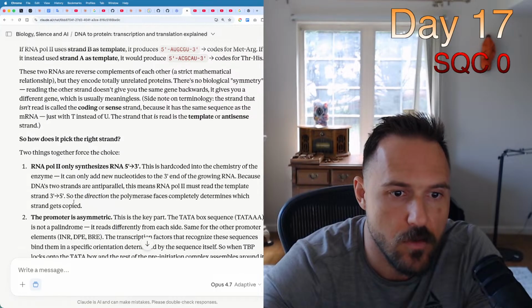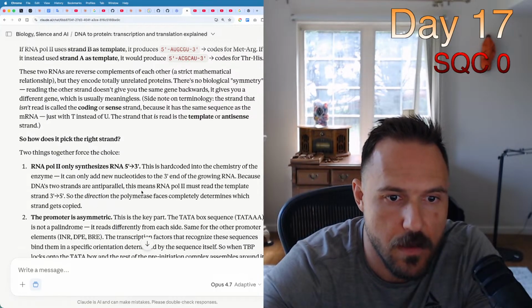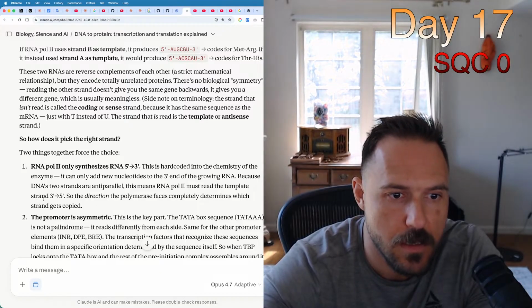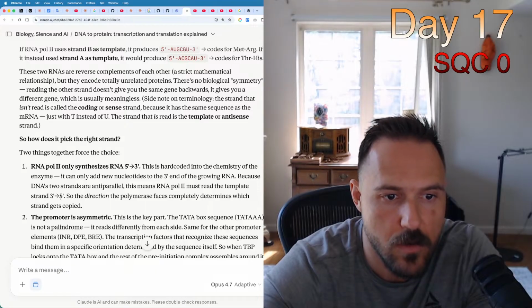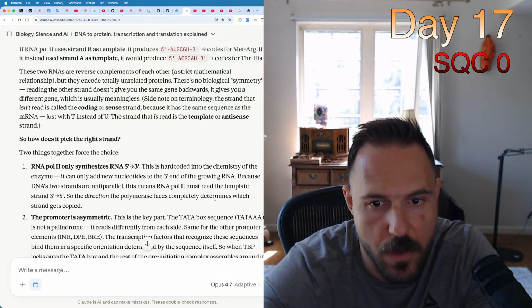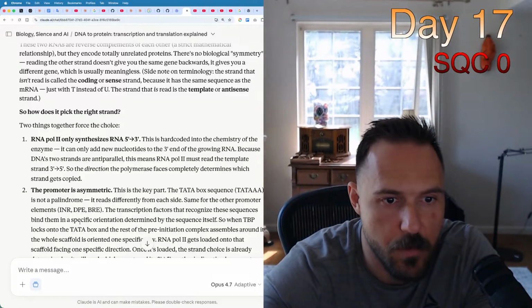Because the two strands are antiparallel, this means RNA pol 2 must read the template strand 3 to 5. So the direction the polymerase faces completely determines which strand gets copied.